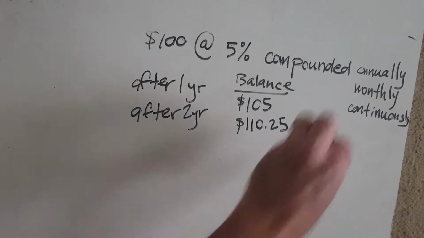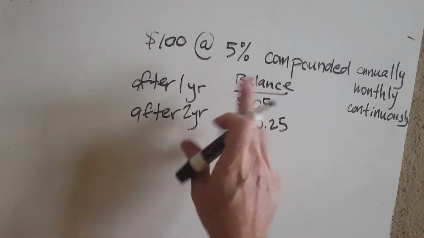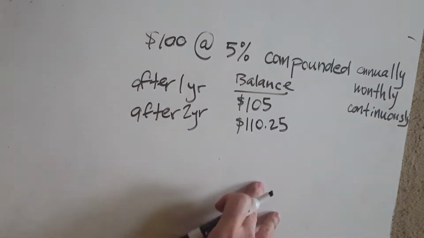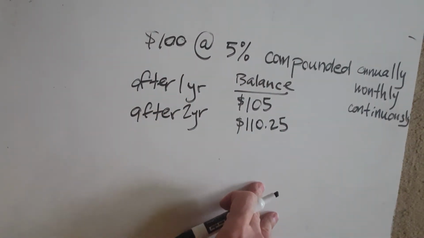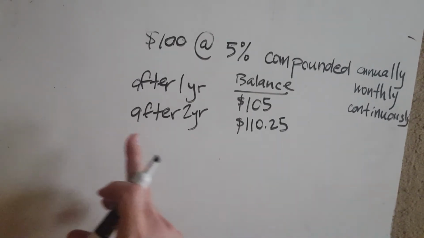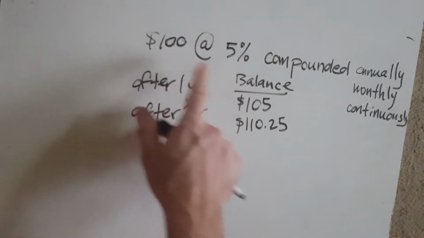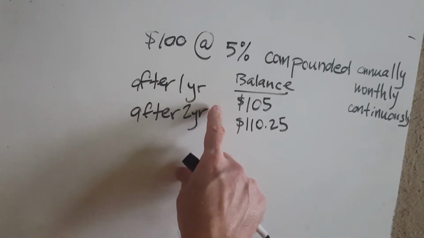Okay, that's compounding. Now then, if it compounds at any rate other than annually, then you have to divide the annual rate into the periods in which it's compounded. That may sound a little complicated, but for example, if it was going to compound every 6 months, so like semi-annually, every half a year, then after 6 months you wouldn't add 5% of your balance into your balance as interest, because that's a whole year's interest.